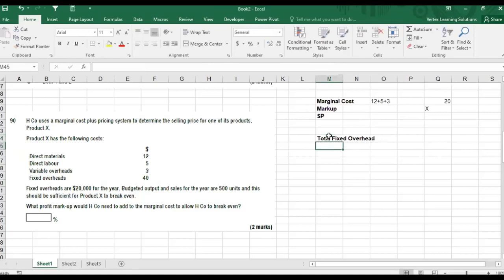I have seen many management accountants making budgets where they mess up by taking fixed overhead per unit. Let me show you why it is a dangerous error. Suppose your variable cost per unit is 20, like in this question, and your fixed cost per unit is 40.